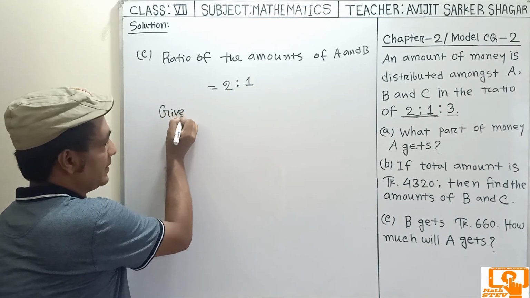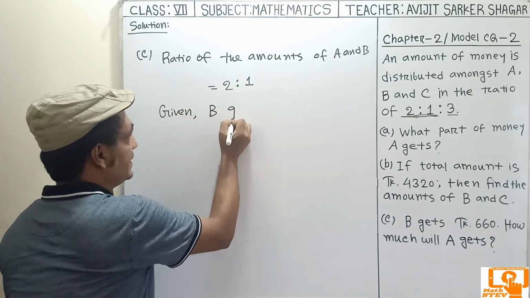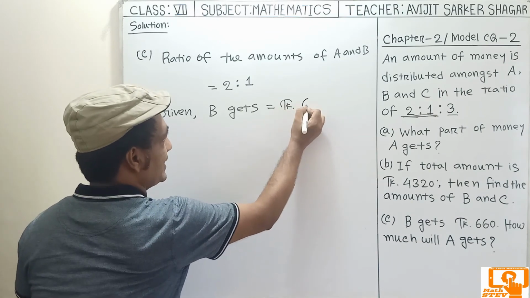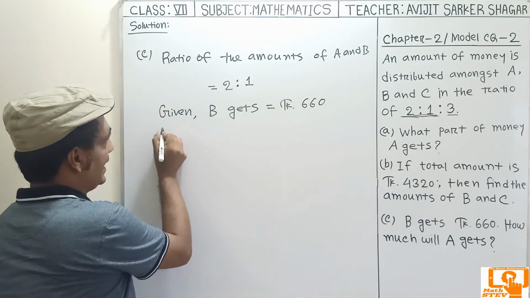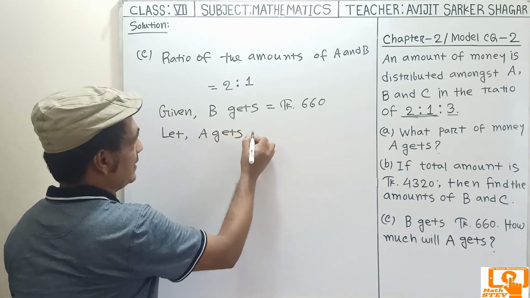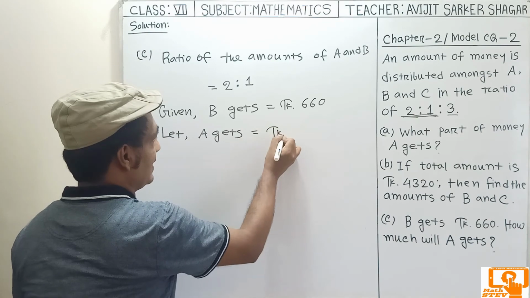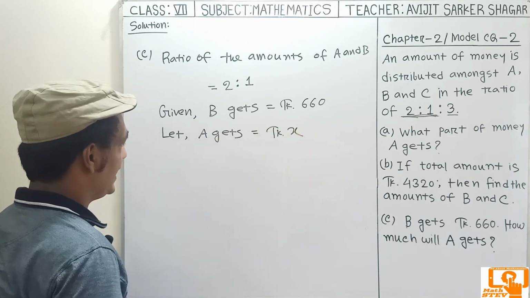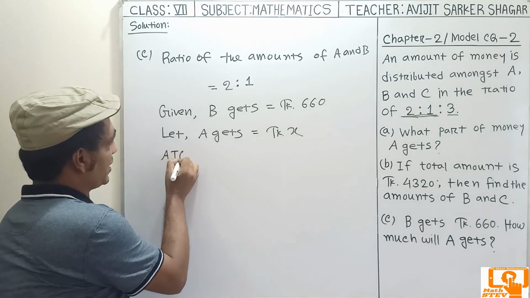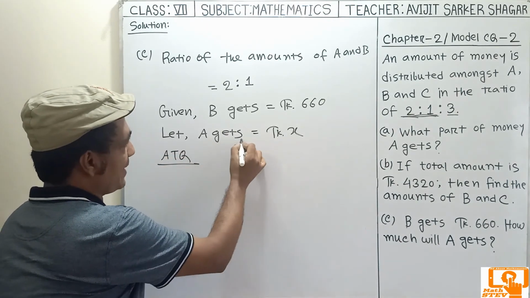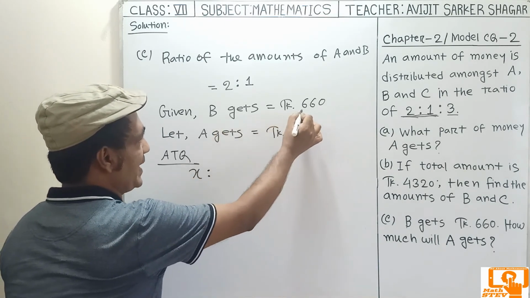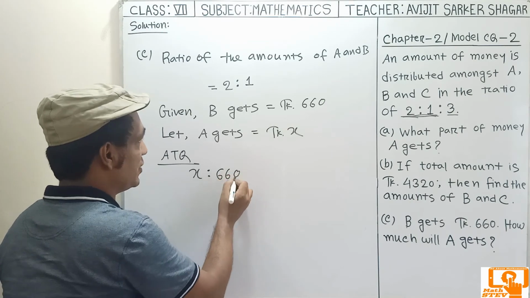Given B gets how much money? Taka 660. Let A get taka X. Now, according to the question, the amount of A is X and the amount of B is 660.